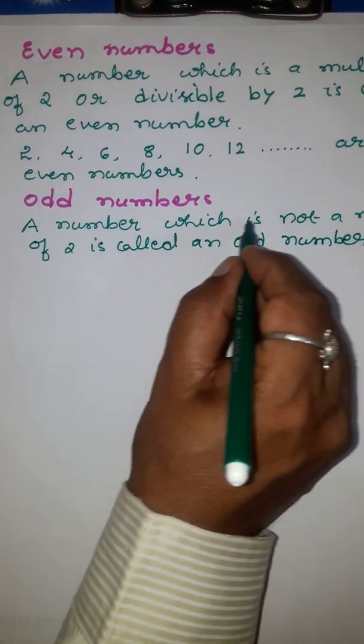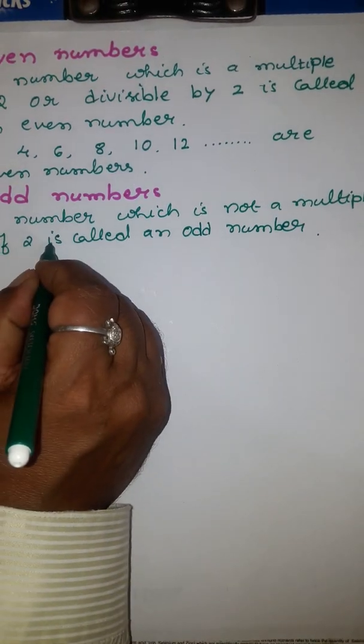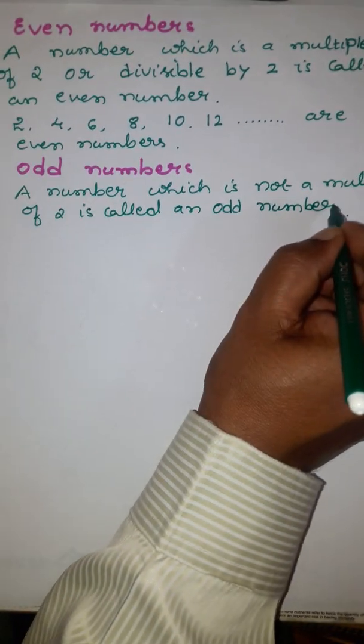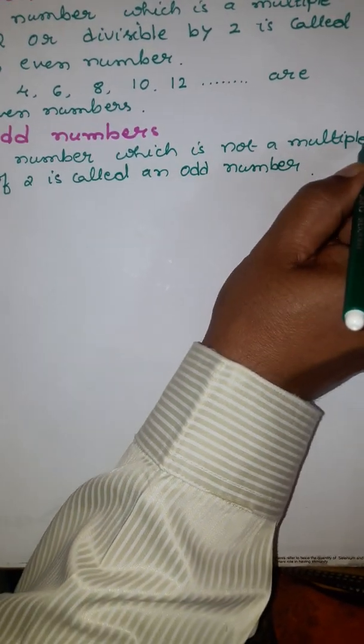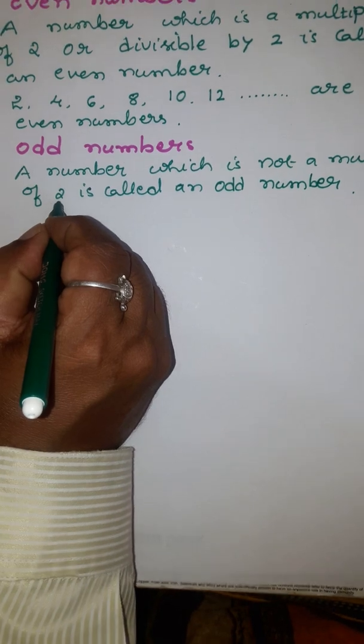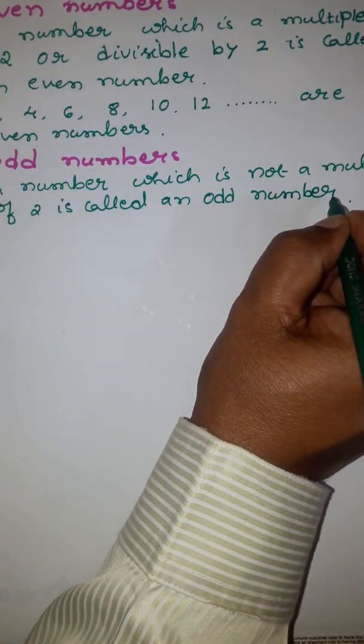A number which is not a multiple of 2 is called an odd number, or a number which is not exactly divisible by 2 is also called an odd number.